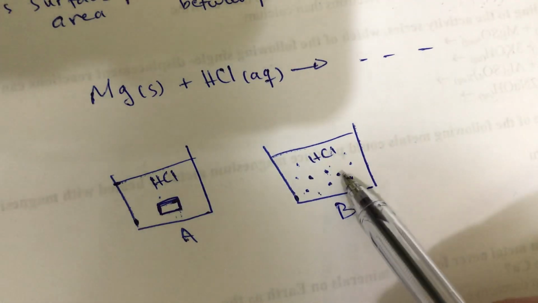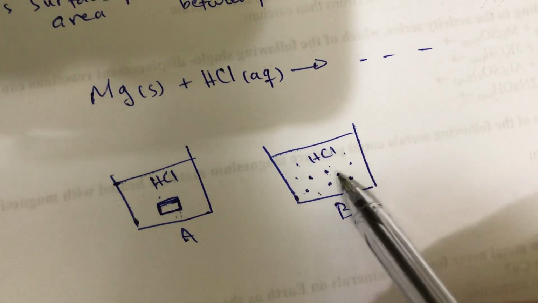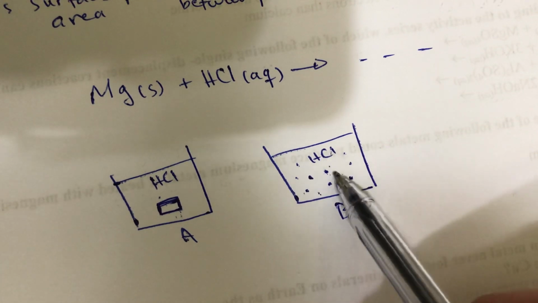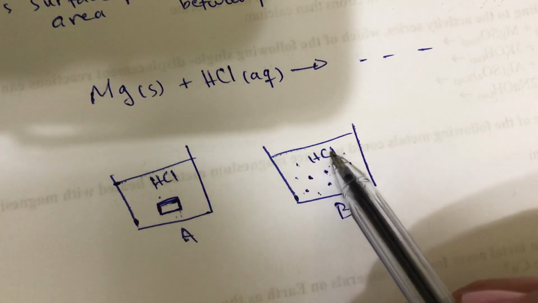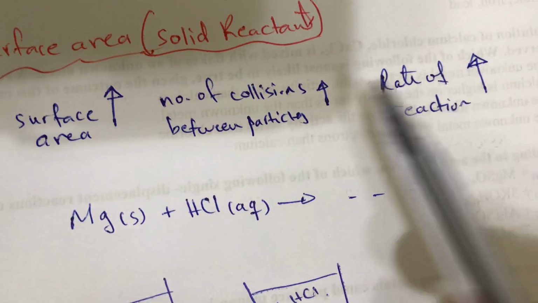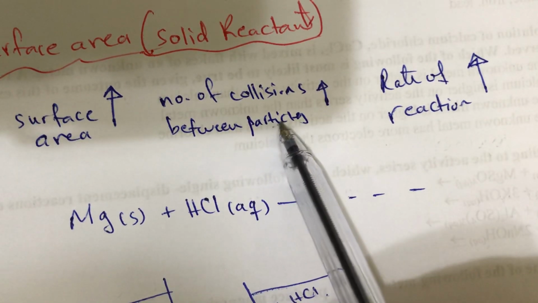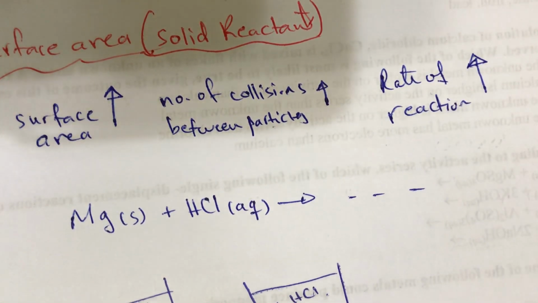So here number of collisions between magnesium and hydrochloric acid increases. So as number of collisions between particles increases, the rate of reactions increases.